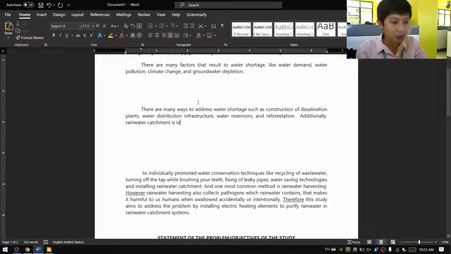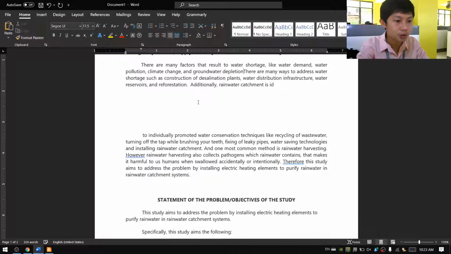There are many ways to address water shortages such as construction of desalination plants, water distribution infrastructure, water reservoirs, and reforestation. Additionally, rainwater catchment basins. Okay.